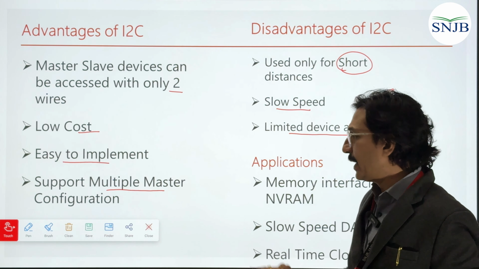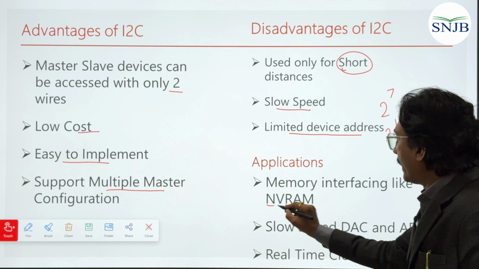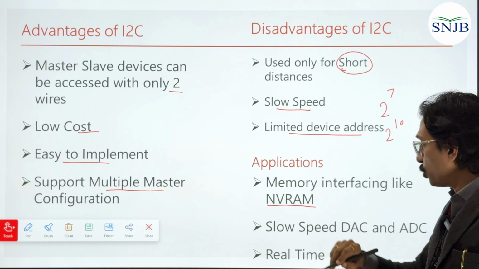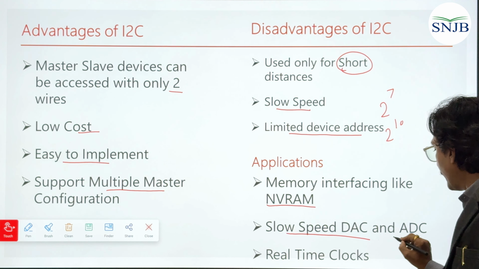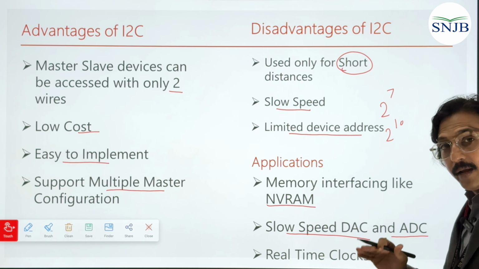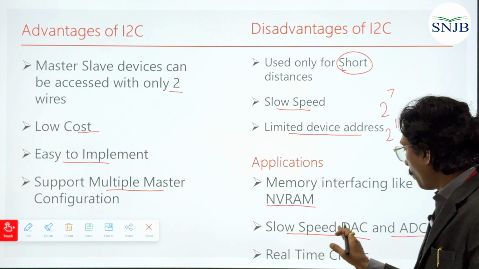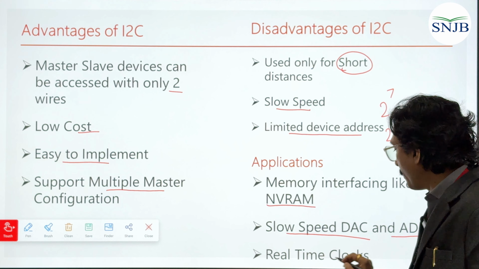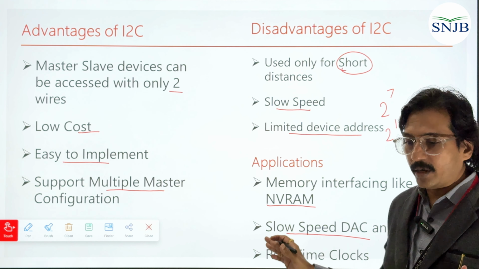That's why it has limited data addresses. Memory interfaces like non-volatile random access memory can be connected through I2C. Slow speed devices like digital to analog converters and analog to digital converters can be connected through I2C. These are slow peripheral devices, and real-time clock is one of the applications of I2C. So this is all about I2C.